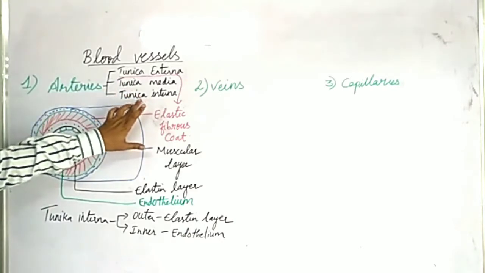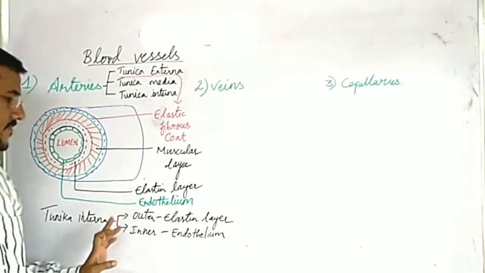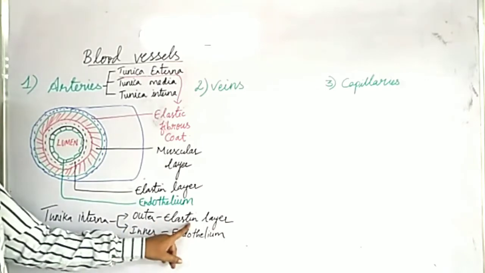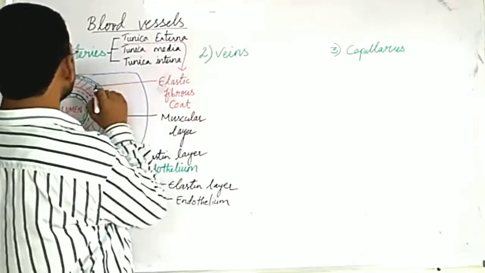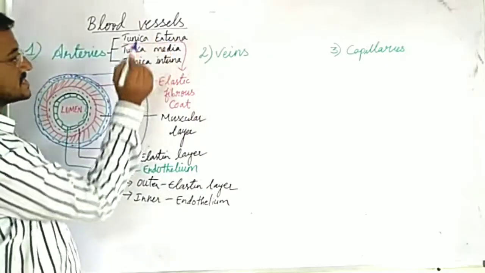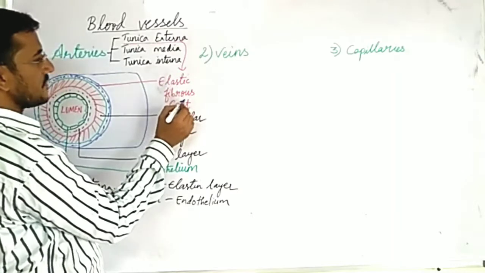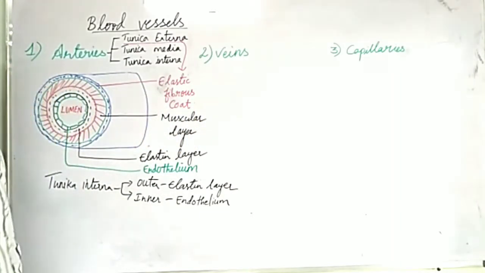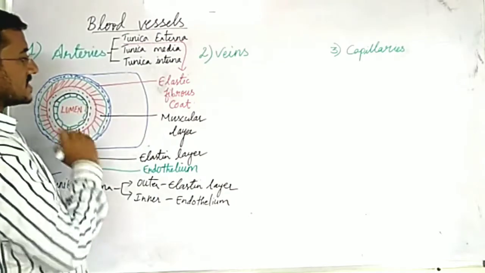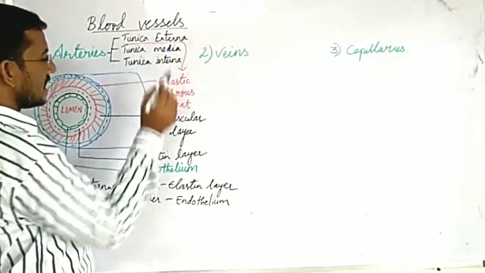Tunica interna is again made up of 2 layers: outer elastin fiber and inner endothelium. Tunica externa is made up of elastin fibrous coat. The next layer, which is very thick, is tunica media. It is made up of muscles.